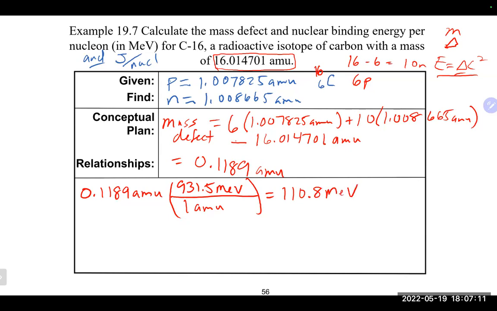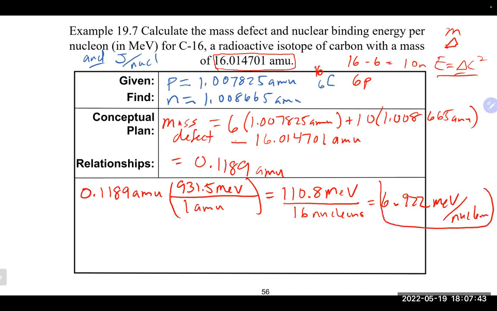Since we are looking for it per nucleon, I'm going to divide it by our nucleons, which are essentially protons and neutrons, our mass number, basically 16 nucleons. And that will give us our answer for mega electron volts. I didn't round the number on my calculator, so I ended up with something like 6.922 mega electron volts per nucleon would be one of the answers, obviously.